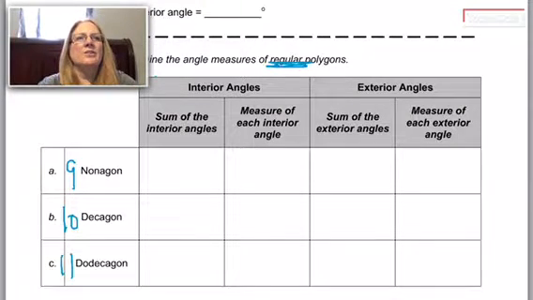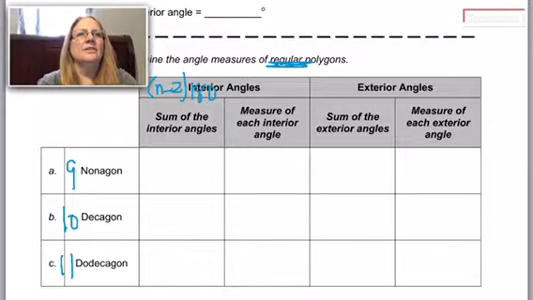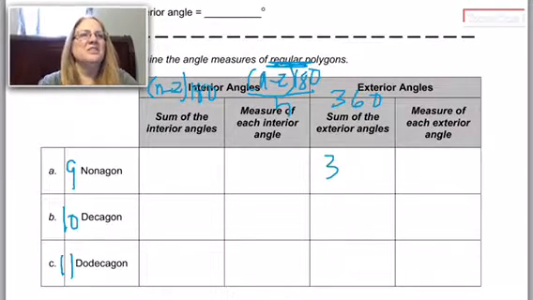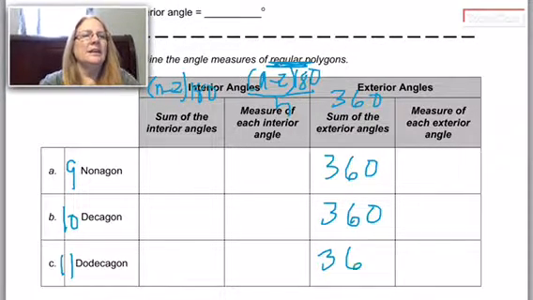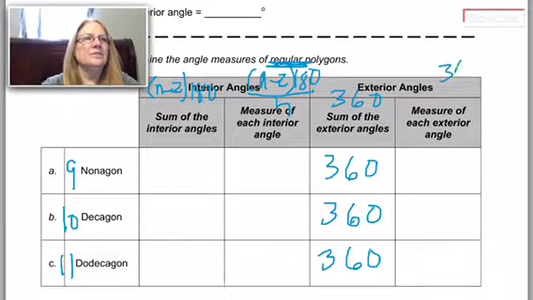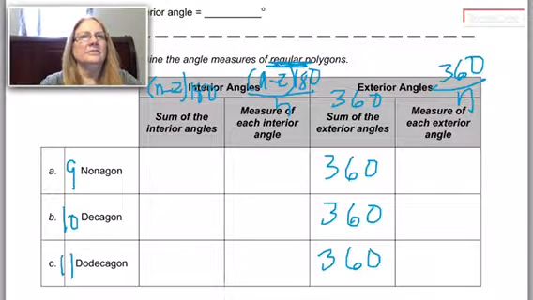I suggest that you write the formulas up top: n minus 2 times 180, and then n minus 2 times 180 divided by n. Sum of exterior is always 360, so we can fill this in right now. And then each exterior is 360 divided by n.